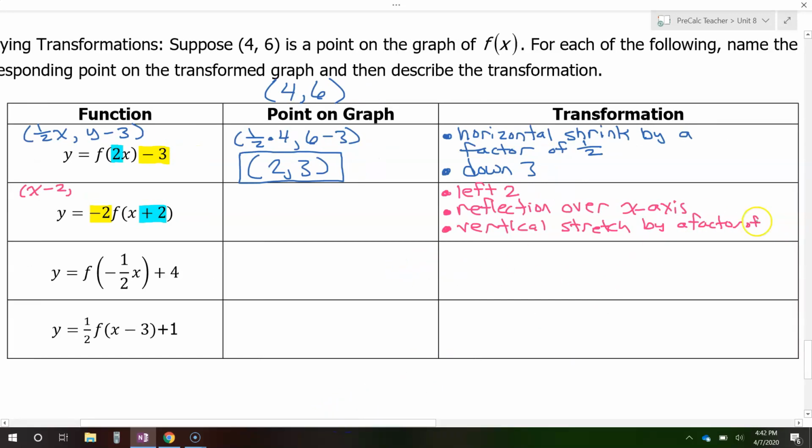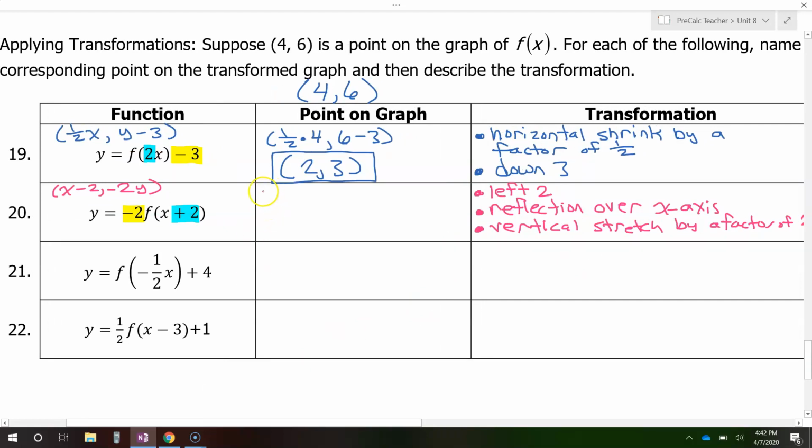Okay, a vertical stretch by a factor of 2. So if you put all that together, this -2, we're just going to be multiplying each y value by -2. All right, that's the combination of the reflection and the vertical stretch by a factor of 2.